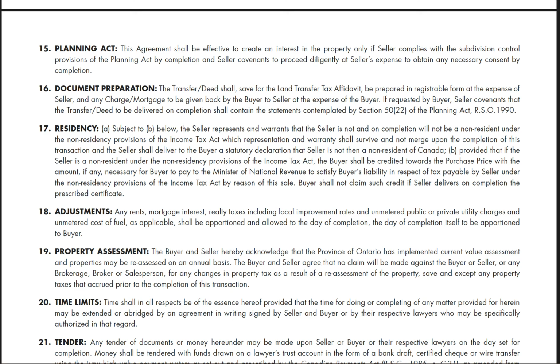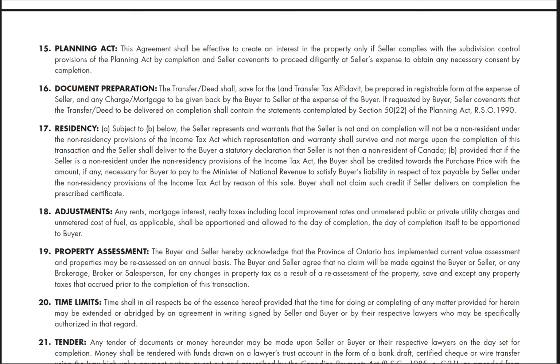If the property has a rental tenant, and that's another example, then who's collecting the rent? Let's say it's May 15th, and it's a $2,000 rent. Then the seller has already collected May's rent, so the buyer would be entitled to $1,000 at closing as well.